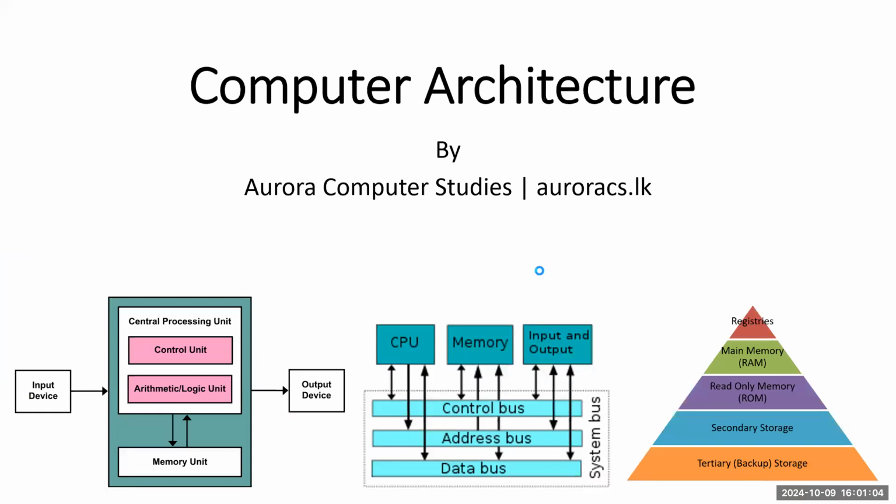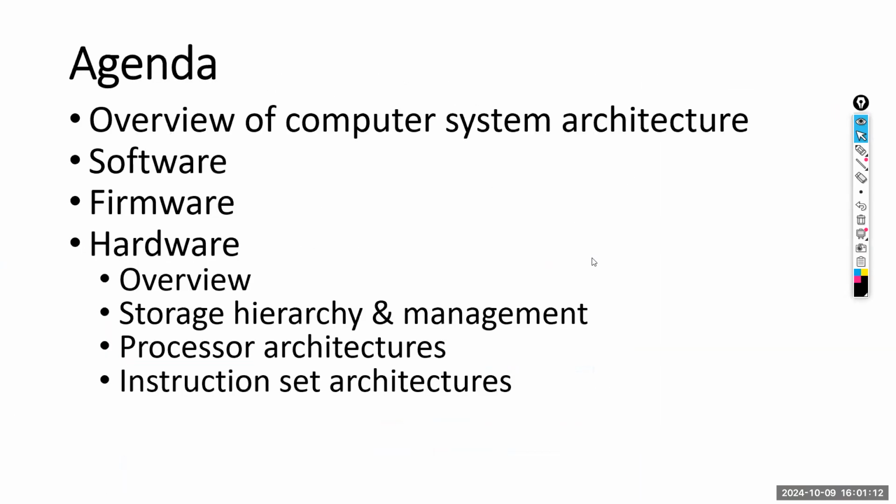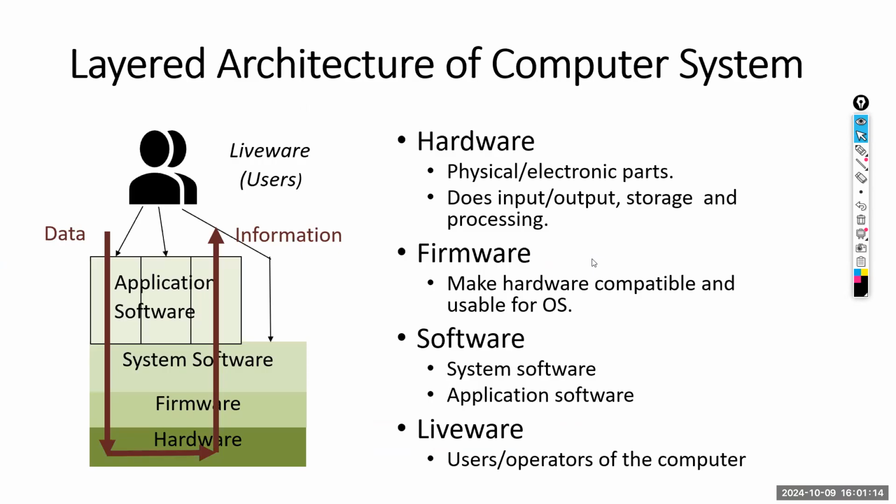So initially, we look at the computer as a set of layers. Those things we have discussed: hardware, firmware, system software, application software, and of course the users. Your data is initially entered through the application software and processed by application software, but in reality, your data is processed at hardware according to the instructions given in the software.